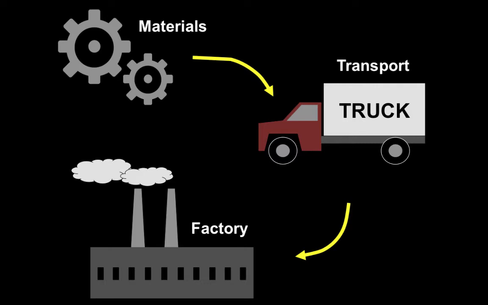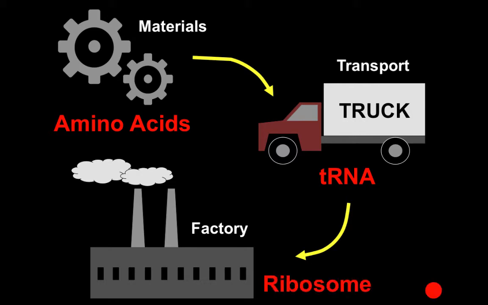And that's basically exactly what's happening in this process. The DNA code is going to tell us what to do. We're going to take our materials, which are our amino acids. They're going to be brought to our factory by tRNAs. I mean, just think transport, truck, whatever. tRNA brings those amino acids to our factory, which is our ribosome, and we're going to put them together to make that protein.